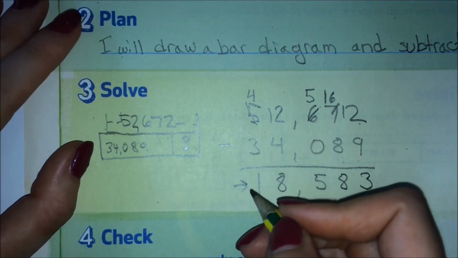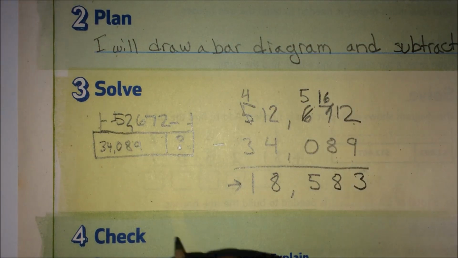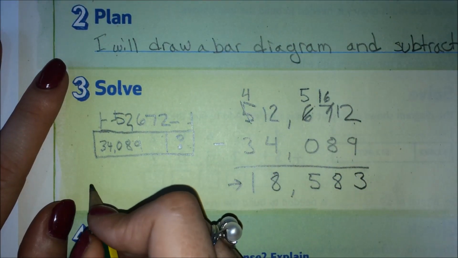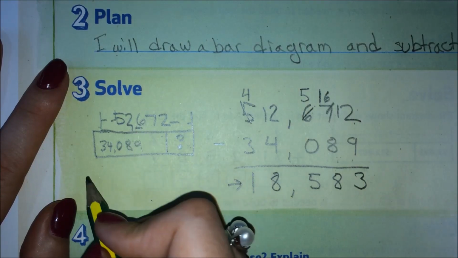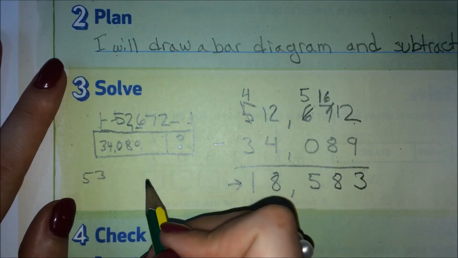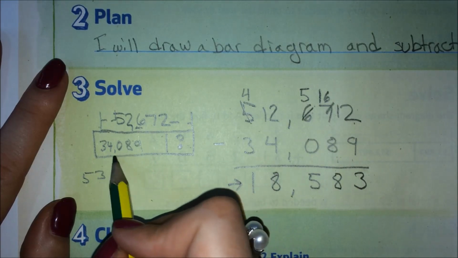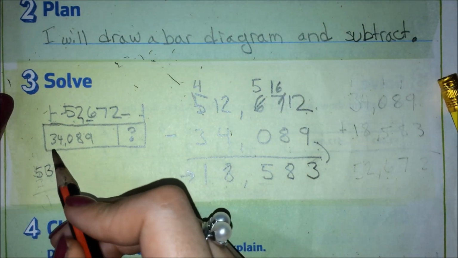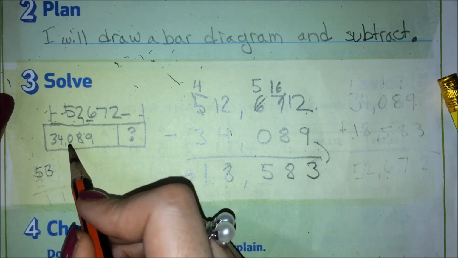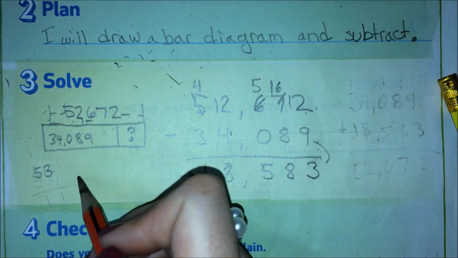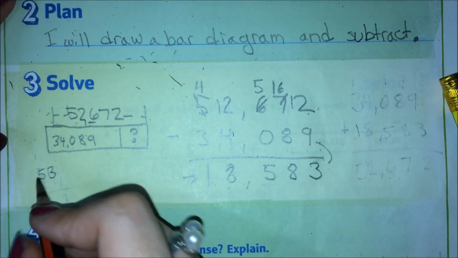Okay, now let's check to see if our answer is reasonable. How do we do that? Well, we were at about 52, but if we round, we'll round this up. So we're about 53, and this number, 34, and then you look here to the number before it, and 0, so that's round down, so that's about 34.